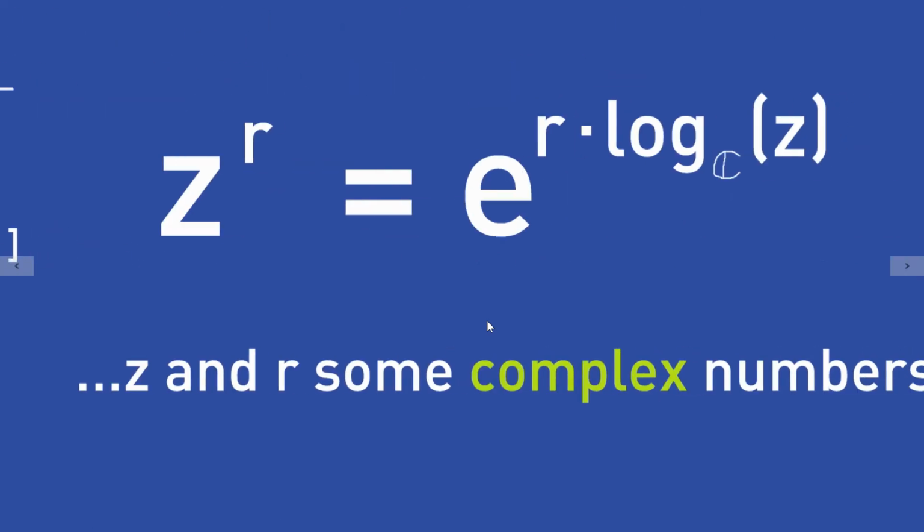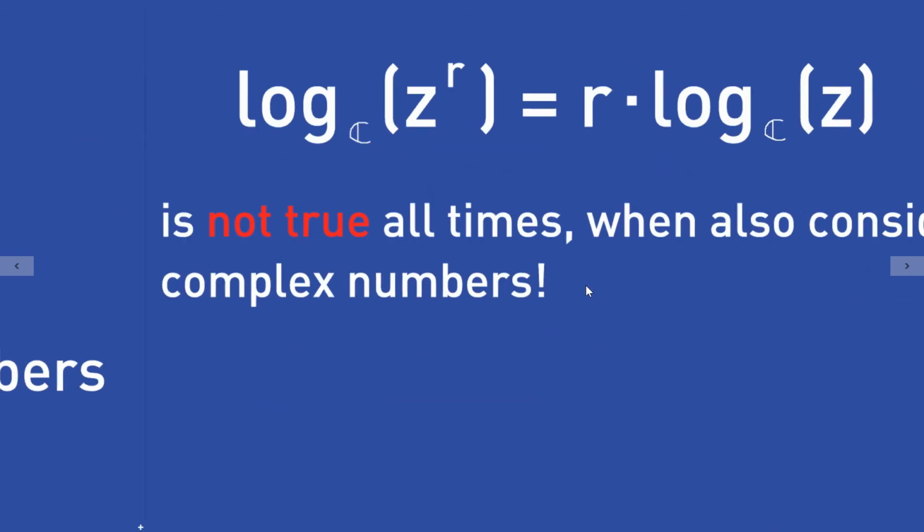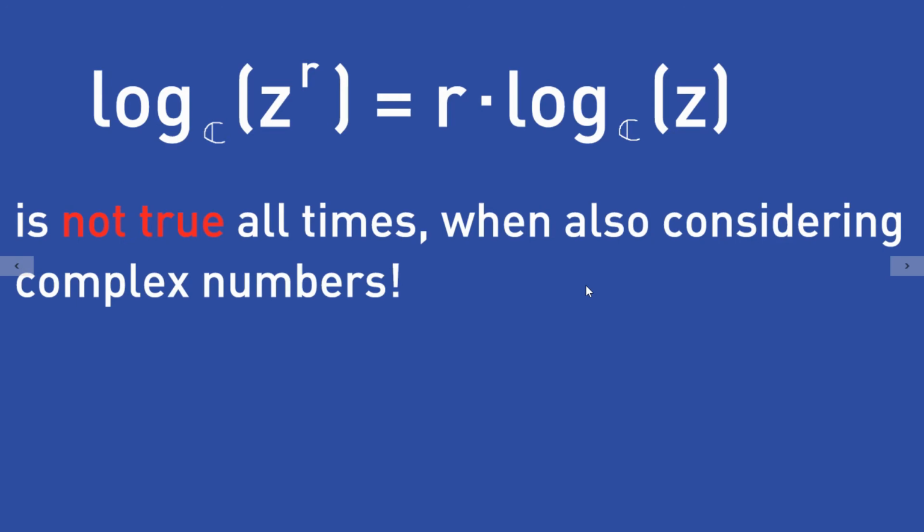By the way, you can also define complex exponential functions the following way. z to the power of r is equal to e to the power of r times the complex logarithm of z. And in this case, z and r can be some complex numbers. When doing this, the following calculation rule is not true all the time when also considering complex numbers.